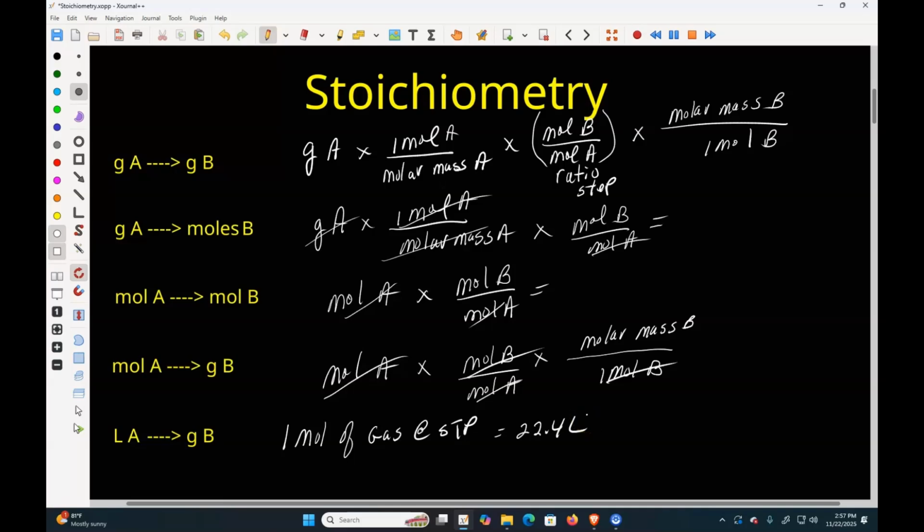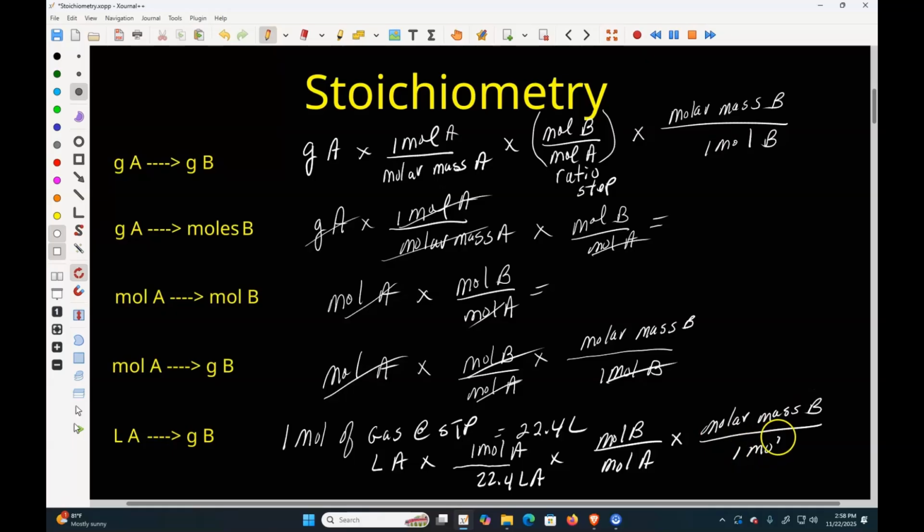If I have so many liters of A, I will take my liters of A times 1 mole of A over 22.4 liters of A times my ratio step, moles of B over moles of A, and then finish it up with the molar mass of B over 1 mole B. So my liters of A cancel, moles of A cancel, moles B cancel, and it leaves me with the molar mass of B. So that's the background on how we're going to solve these types of problems.